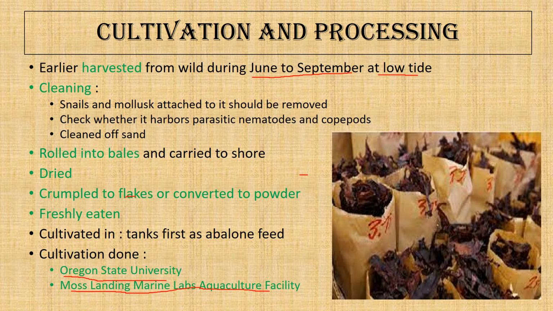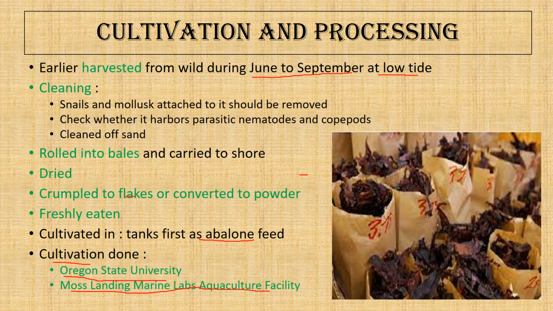Mostly cultivation of this dulse was done for feeding abalones, but now they have started large scale production for human consumption also. And for that, either it is cultivated in tanks or it is harvested from the wild.